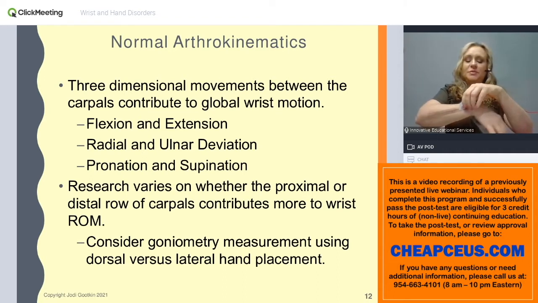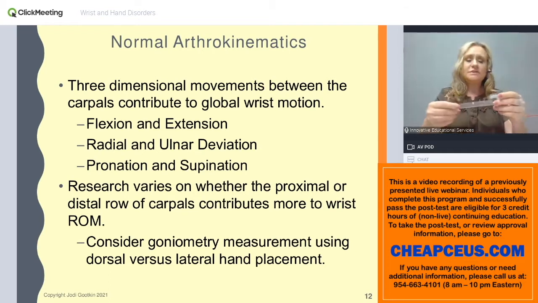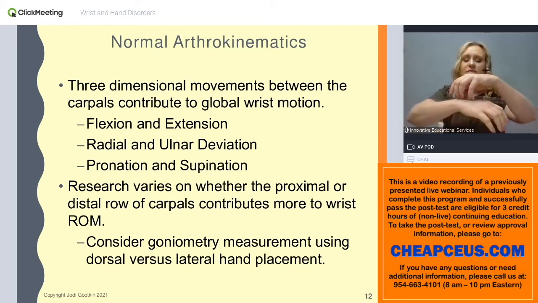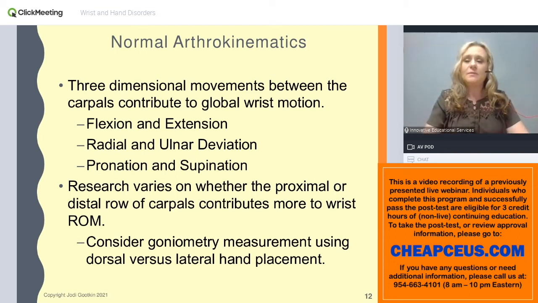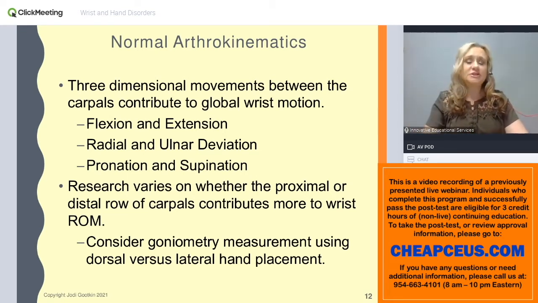In this respect, the research says that when you're measuring the goniometry this way, it's looking more at that articulation between the hamate on the ulnar side of the hand, versus if you measure across the dorsum of the hand. That measurement of goniometry has also been proven to be accurate and reliable, and that's looking more at the radial side carpals and their articulations and contributions to wrist flexion and extension.